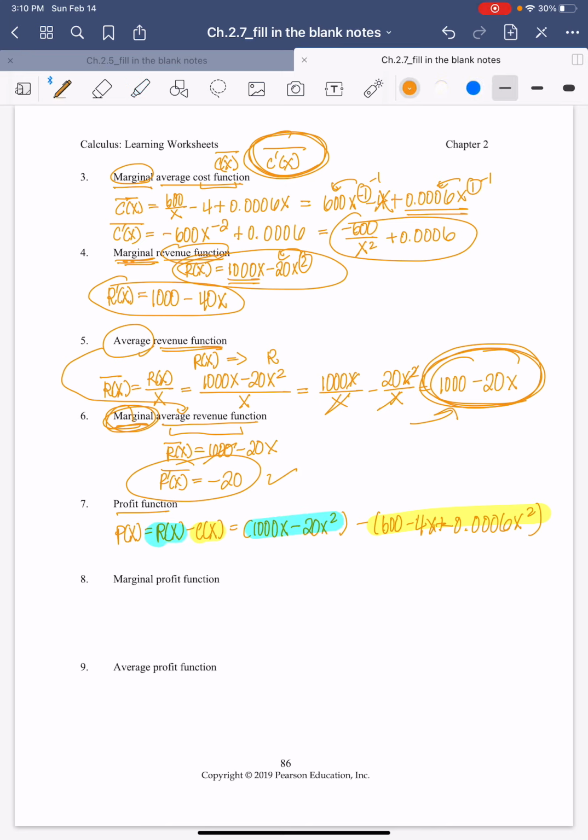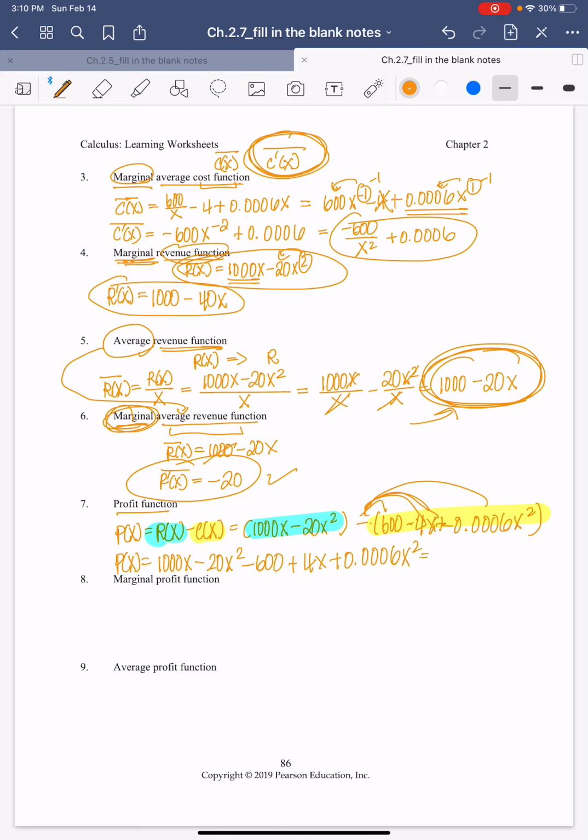So let's subtract that. So P of x is, well, if I distribute all this, you have 1000x minus 20x squared minus 600 plus 4x, negative with a negative, plus 0.0006x squared.